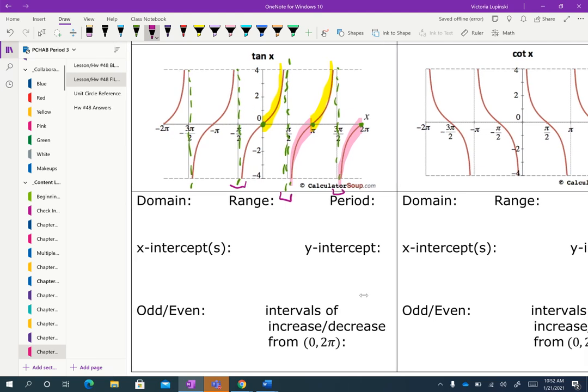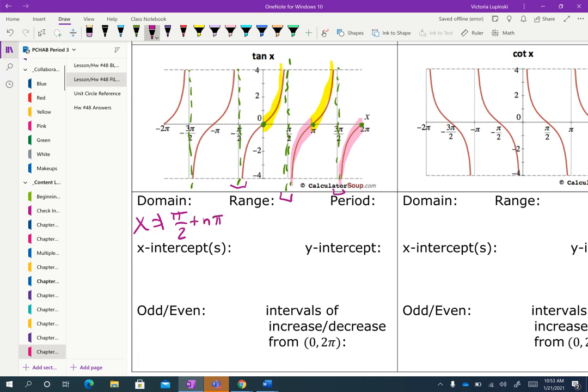So again, instead of saying where the domain is, we're going to say where the domain isn't, and we're going to say x cannot equal pi over 2 plus n pi. And what that means is that if you start at pi over 2 and you keep adding positive pi's to the right, or you keep subtracting pi's to the left, you're ultimately going to hit all of the asymptotes.